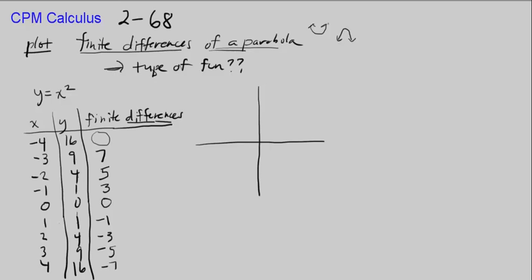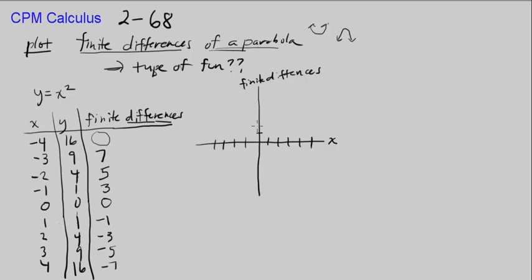So let's plot this. This is going to be our x, and this is going to be our y, but we're going to call it our finite difference as our plot. So our output is going to be the finite differences. If x is -4, 1, 2, 3, 4, we don't have a finite difference yet, right? We could calculate that, but let's just plot the ones we have. So x is -3, we have 7.